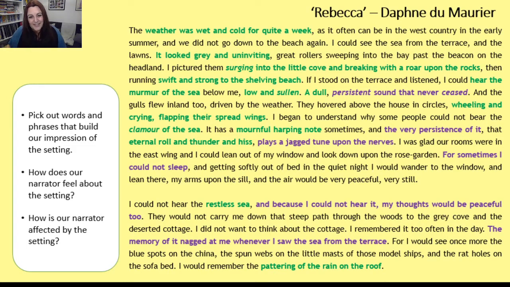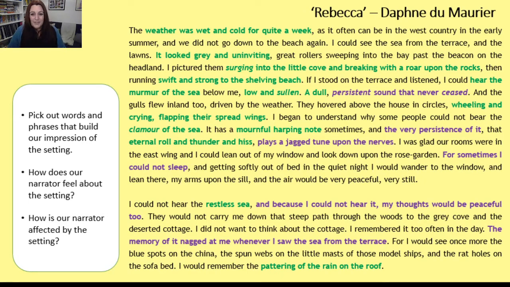Now, it's interesting, isn't it? I like the use of this word, jagged, because jagged means something sharp, doesn't it? And so if it's a jagged tune, is that a nice, soft, soothing tune, or is it a harsh sounding, quite annoying tune? Yeah, I think so. So this is something jagged can hurt you.